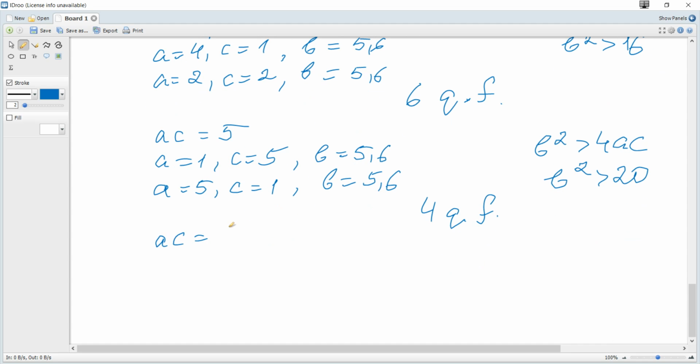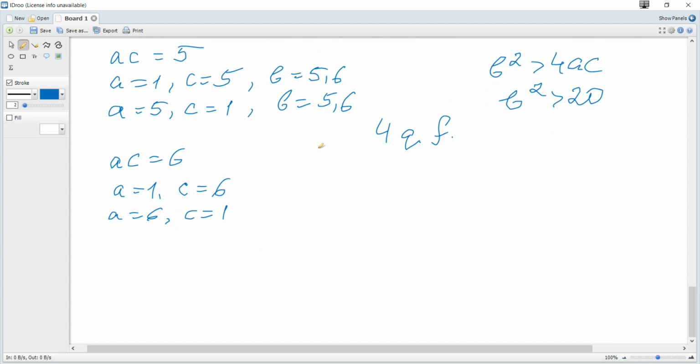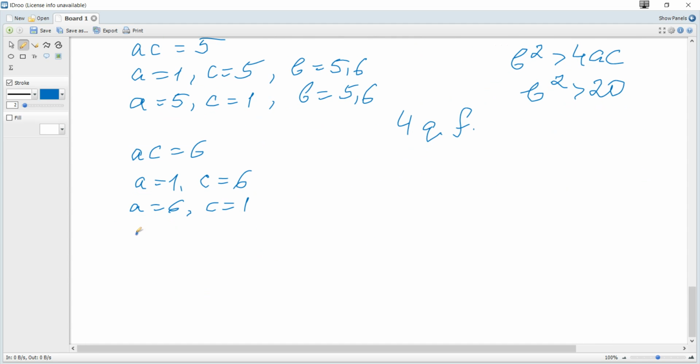Then AC is 6, so it may be A is 1, C is 6; A is 6, C is 1; and 2 and 3. So A is 2, C is 3; A is 3, C is 2.